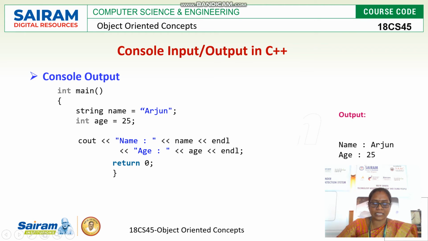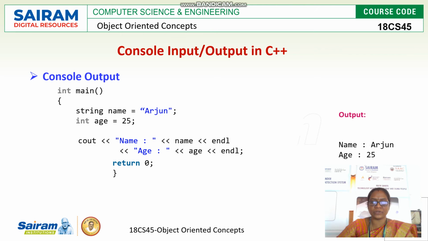Then the exact value of the name is displayed along with the endl statement. Similarly, age is also titled with "Age:", then the corresponding value will be displayed. You can see the output on the right side: Name: Arjun, Age: 25. I hope you understand the concepts.